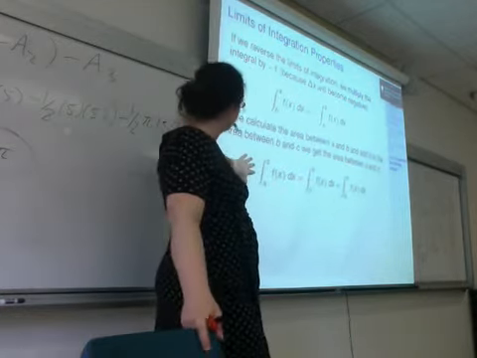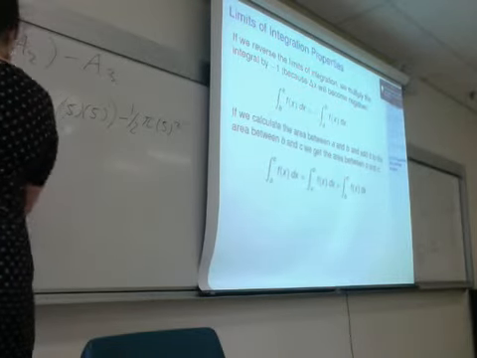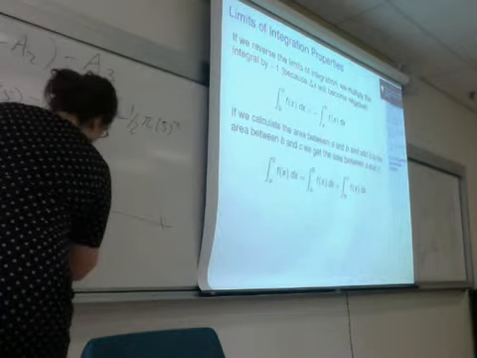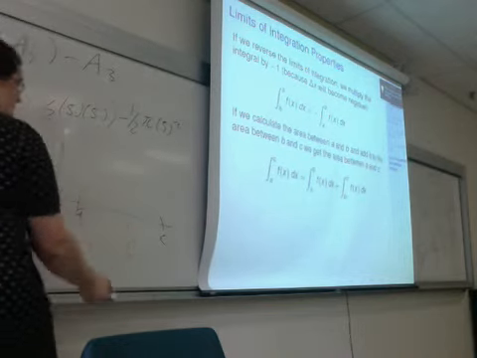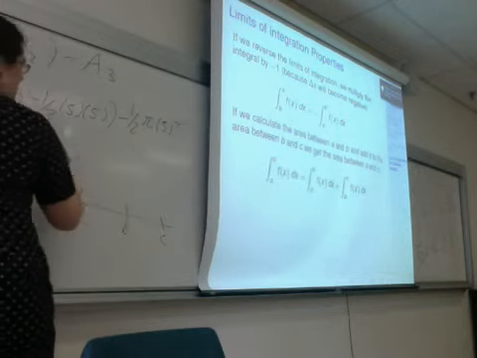Another property is the fact that if we want to integrate a function from a to c, one way we can do it is integrate it from a to b, and then integrate it from b to c and add them together.